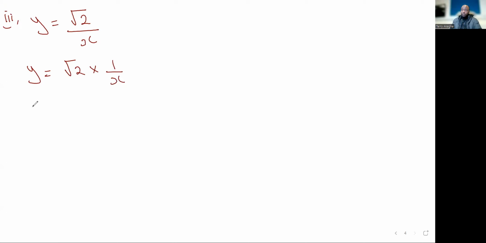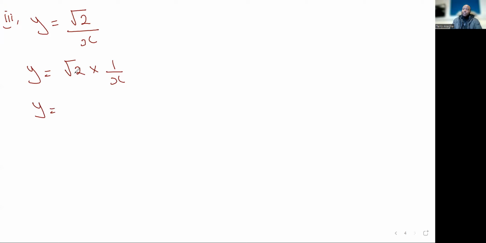So the next one is number 3. Let's pick another example. Let's say we have y is equal to square root of 2 divided by what? X. Now, like I told you, you have to convert this to an index form. So y is going to be equal to square root of 2 multiplied by 1 over x.